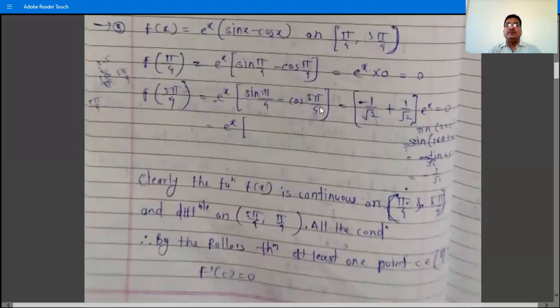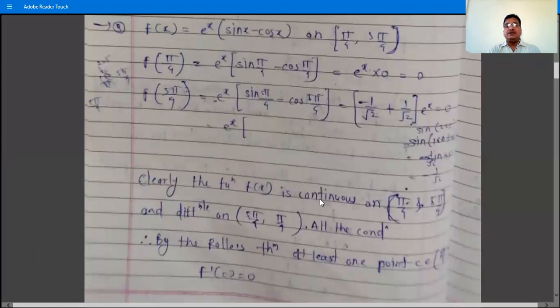Therefore, the value at the first point and the value at the last point are the same, so f(pi by 4) and f(5 pi by 4) are both the same.